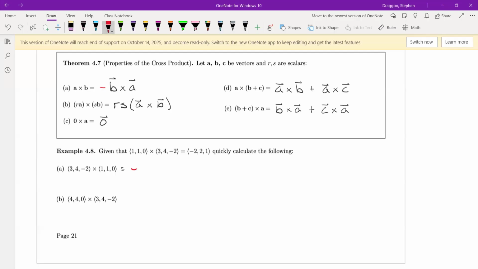Meaning I could just take negative whatever that result was, -2, 2, 1, which I'll rewrite as 2, -2, -1. Right. If I'm going to just multiply that negative into a vector, it applies to each of my three components.